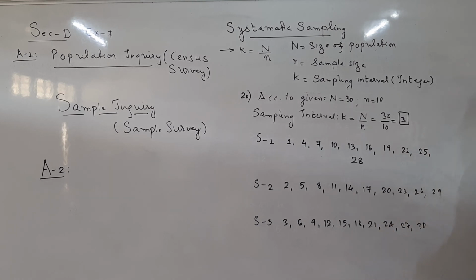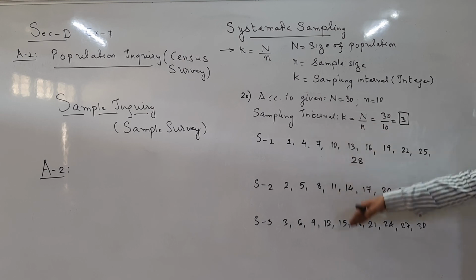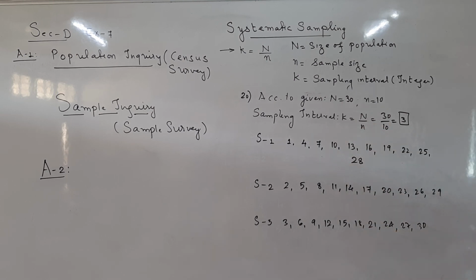The number of possible samples will be according to the sampling interval. If sampling interval was 5, there are 5 possibilities for samples like that. So this is going to be very easy, students, once you understand.